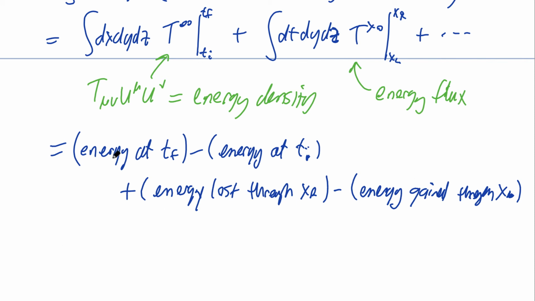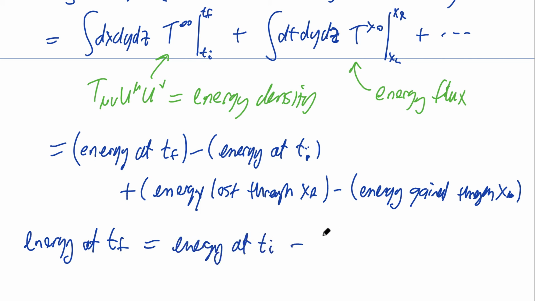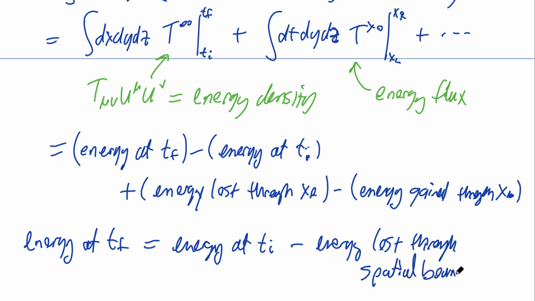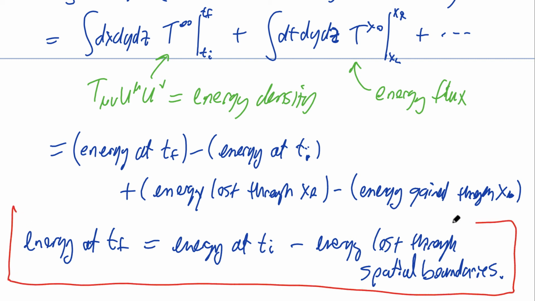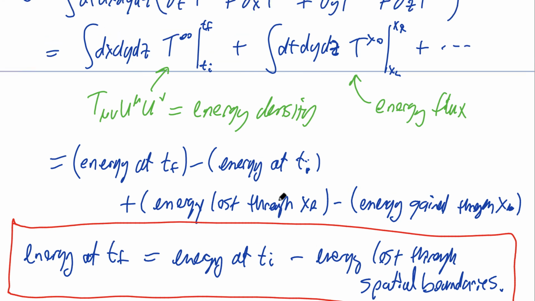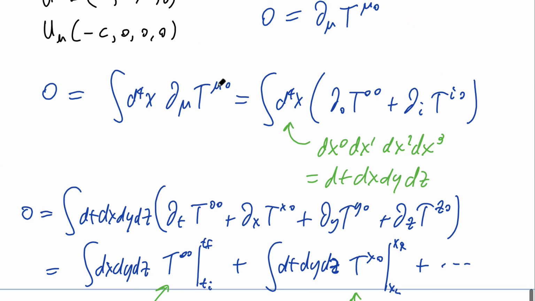So if we put this together, the energy at t_f is equal to the energy at t_i minus the energy lost through the faces, or through the spatial boundaries. So this is conservation of energy, and we obtained it by integrating ∂_μ T^{μ0} over a space-time volume.